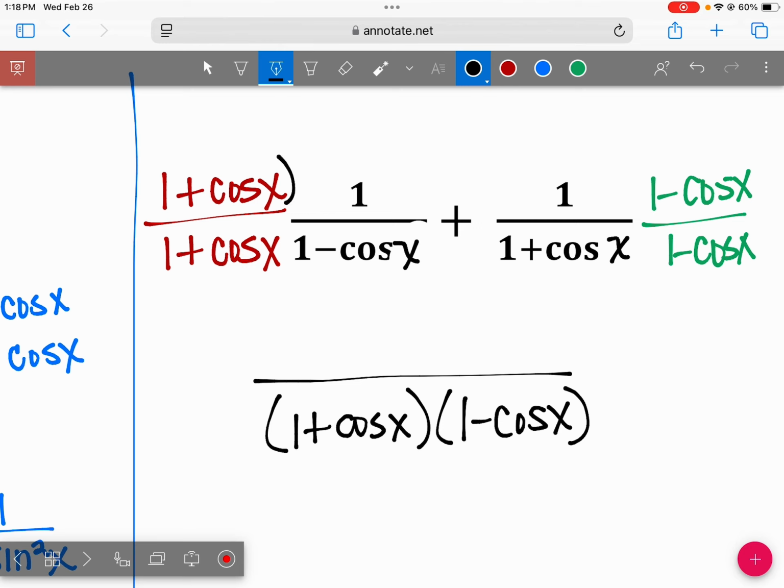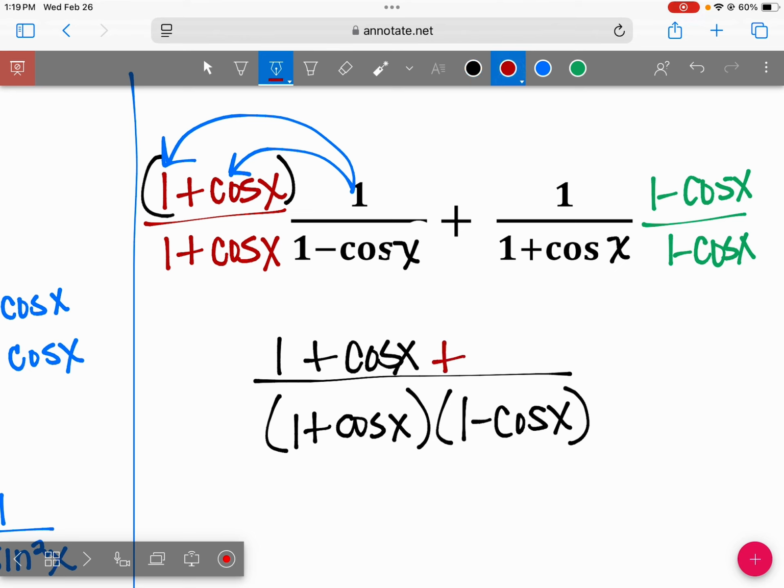So we need to distribute. If I take the 1 and multiply it by 1, 1 times 1 is 1. 1 times cosine is cosine. Bring down the addition sign. Do the same thing over here. 1 times 1 is 1. 1 times negative cosine is negative cosine.